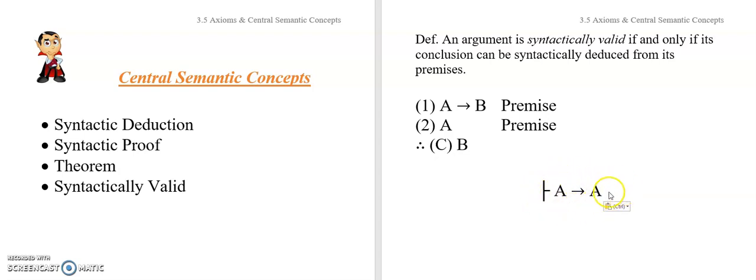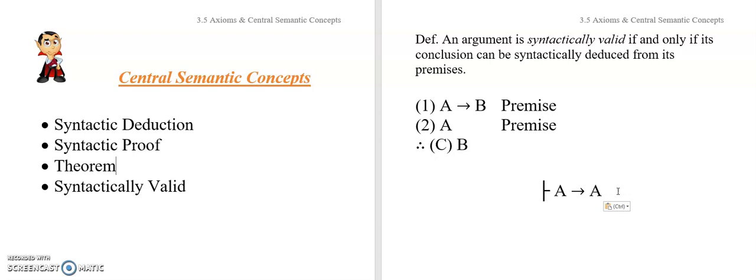It is a tautology. All theorems are tautologies, and every tautology, so everything that turns out to always take the value true on a truth table, can be proven in our system. So it's two points. If you're syntactically provable, then you're a tautology. So if you're not a tautology, you're not syntactically provable.